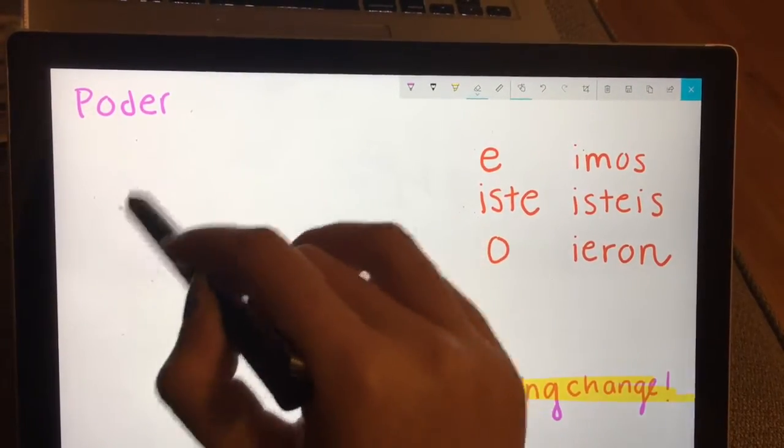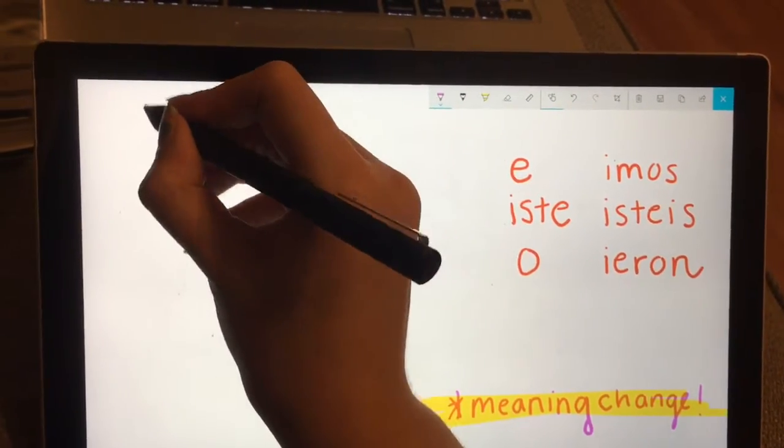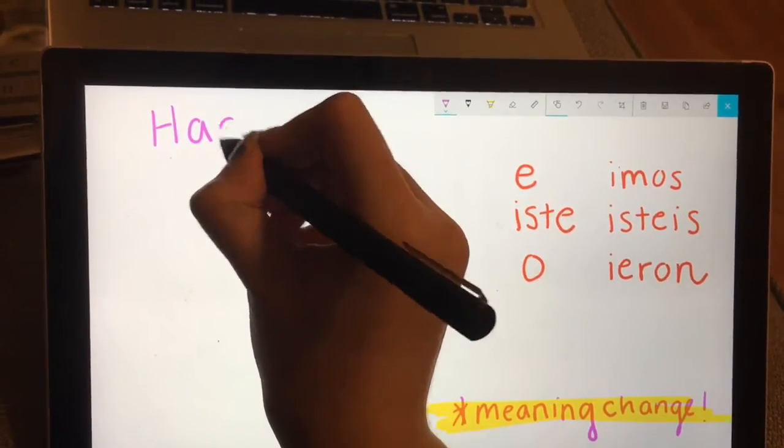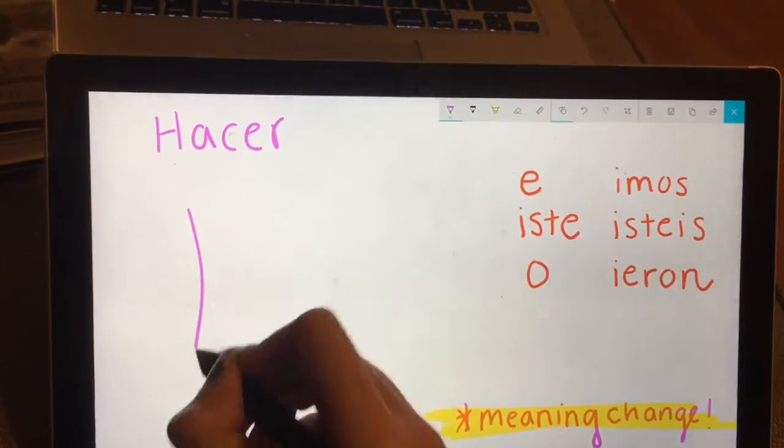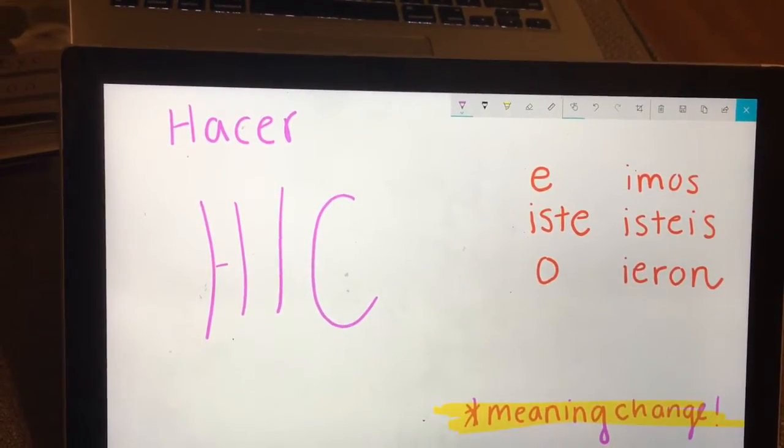And then I have the verb hacer, which is kind of a special case. So hacer stem change goes to hic.